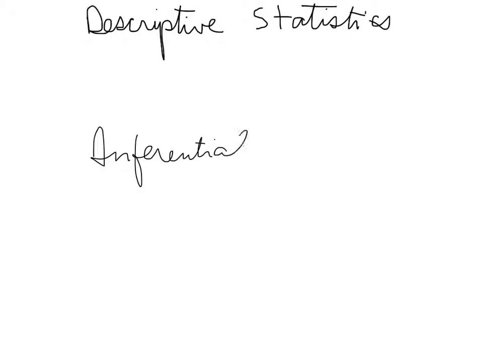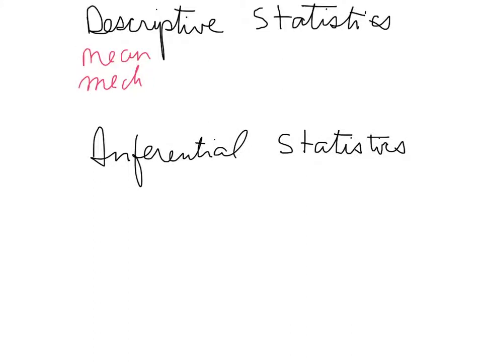And we do different things with each of these, the data we collect from each of these instances. Descriptive statistics are numbers, some summary numbers like a mean or a median. You've heard those terms before. These are both averages.